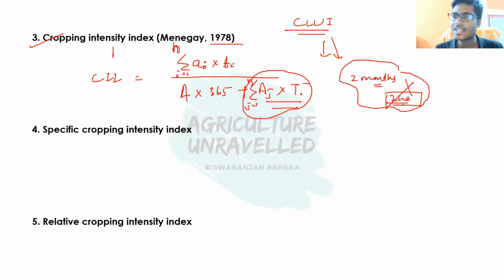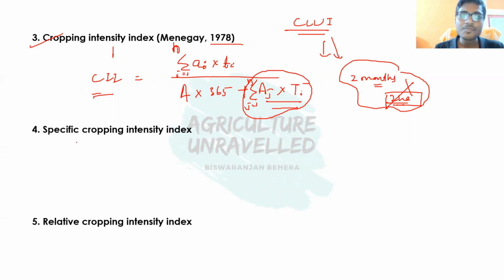It will just reject it and consider only the land area which is available throughout the year. But the cropping intensity index will also consider the land which is available for a definite period of time, that is, for a temporary period. So that is the difference between the cropping intensity index by Menege and CLUI by Chuang.